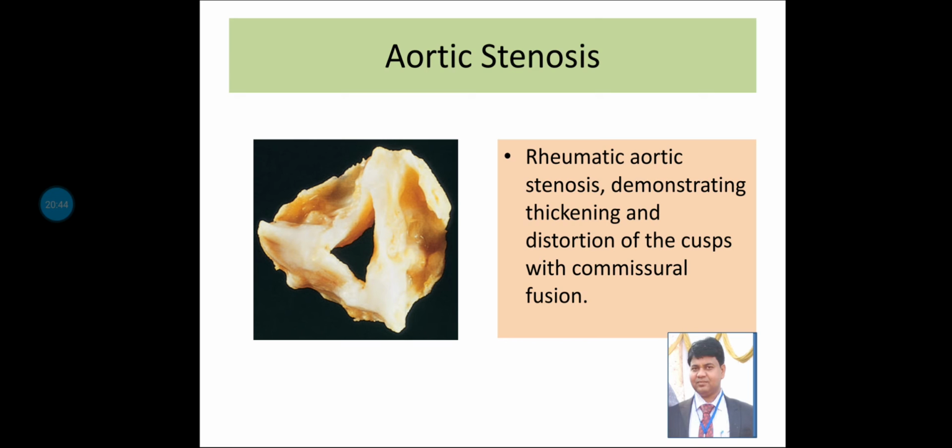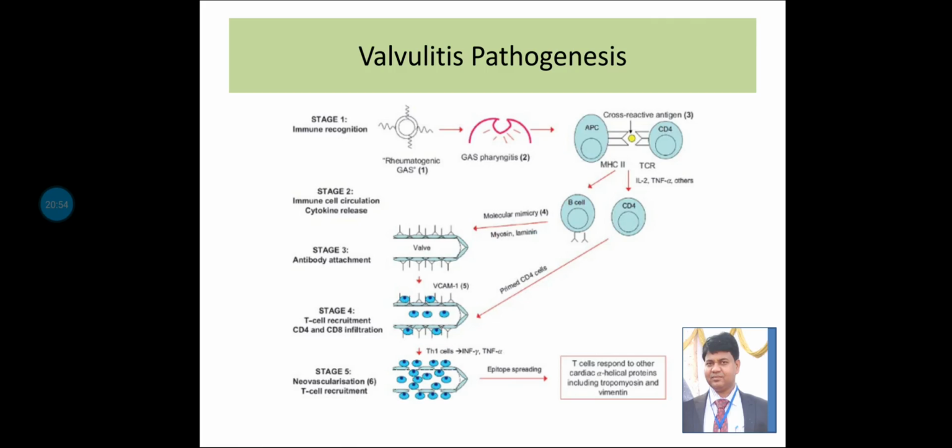So rheumatic aortic stenosis shows thickening and distortion of the cusps with commissural fusion, as seen in the diagram. Now coming to the pathogenesis of valvulitis, basically the main pathology is the attack of the antibodies and CD4 cells. They will attack and infiltrate the valves, and they will produce the inflammatory lesions.